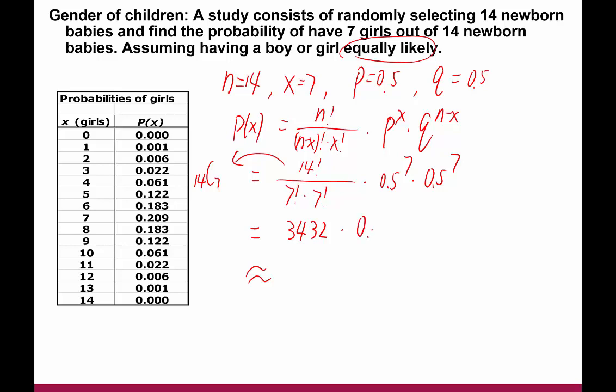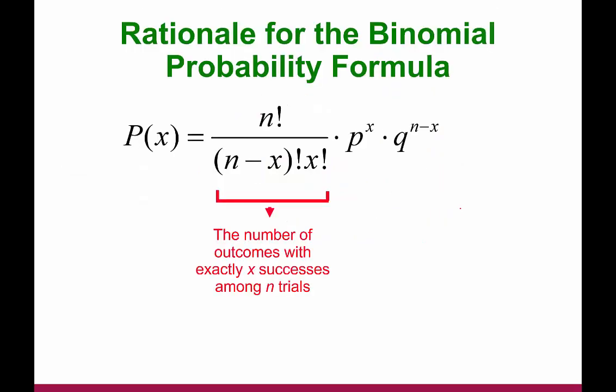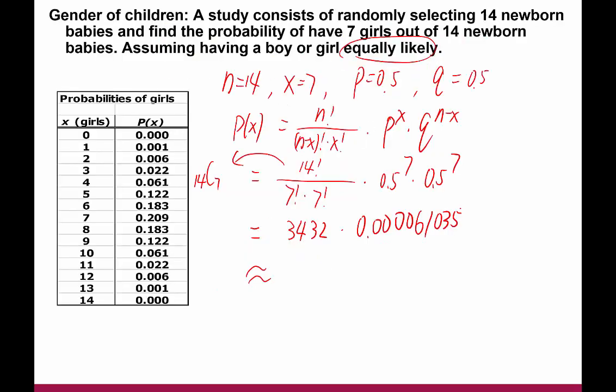This is 0.00061035. If you multiply them, you're going to get approximately 0.209. If you look at this, it should be the same as this. See?